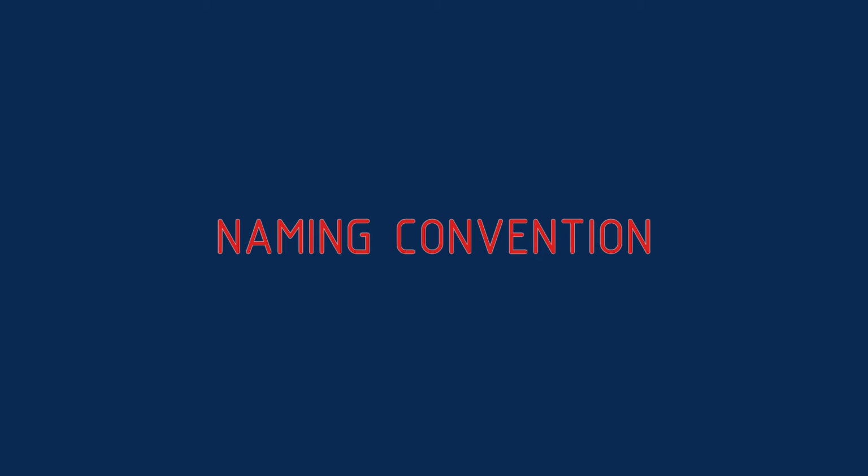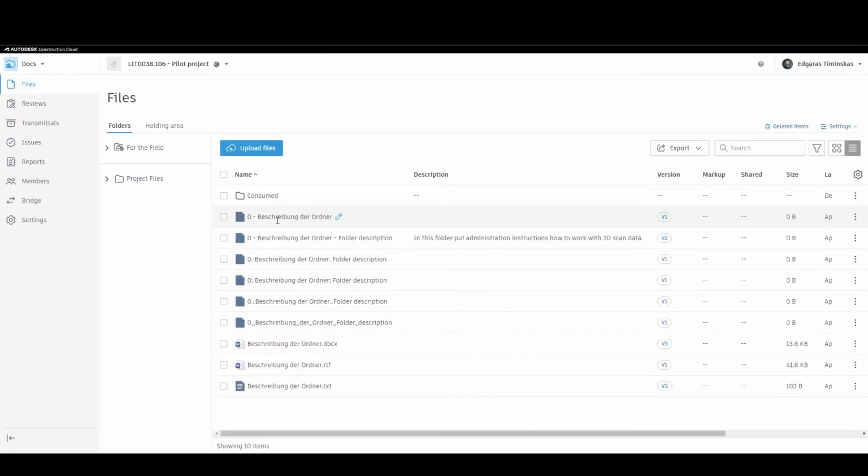Now regarding naming convention. When you provide a name for folders, you should pay attention to the information the folder or the file wants to bring with it. In this case, I want to inform the user and explain the information in 2 different languages, and of course I need to put a symbol which puts my file on the top of the list.